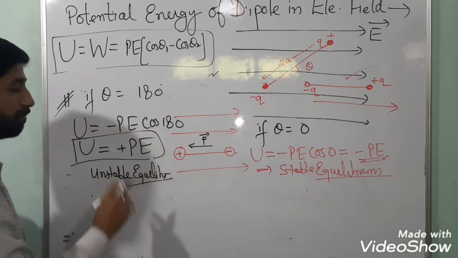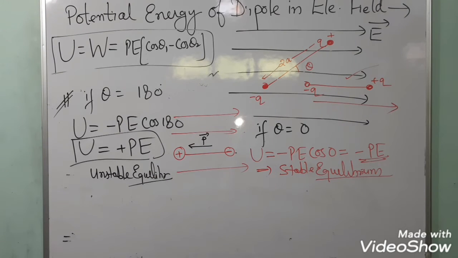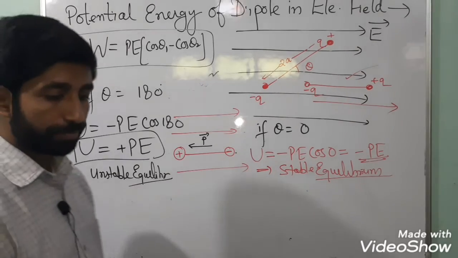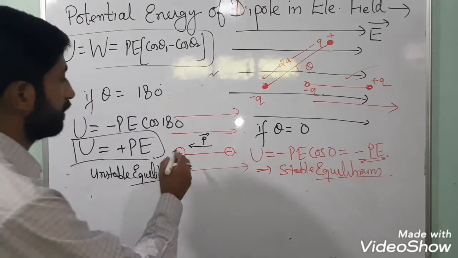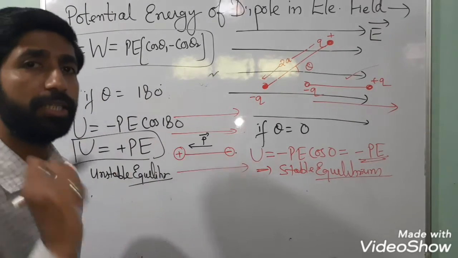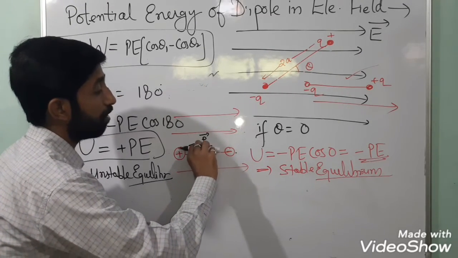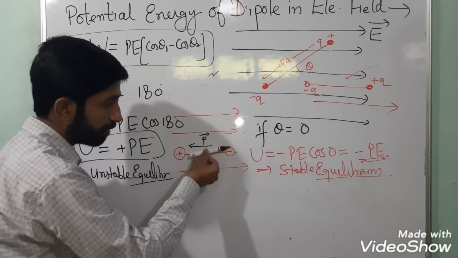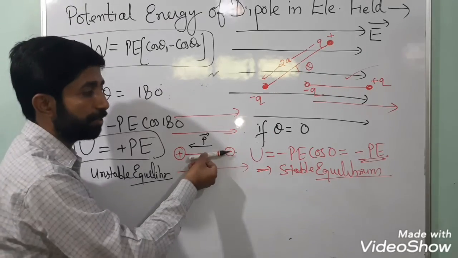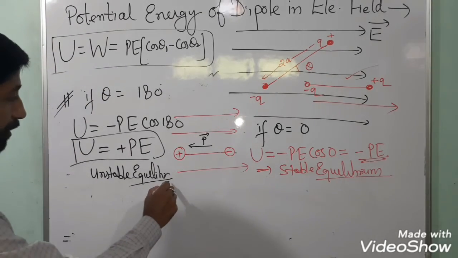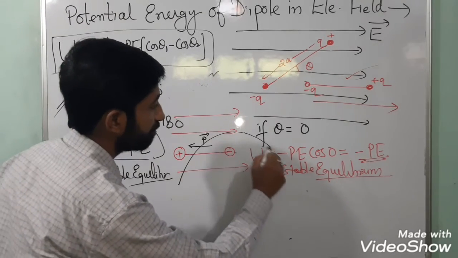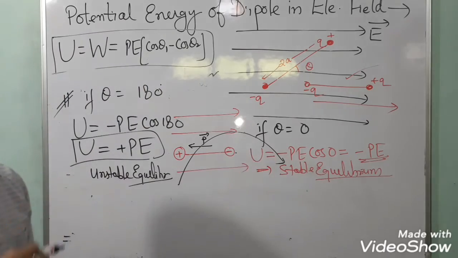And we have studied this in the case of torque as well. Unstable means if you disturb this dipole by a very little amount, it will try to come back to its stable position. This unstable position will simply shift to a stable position.